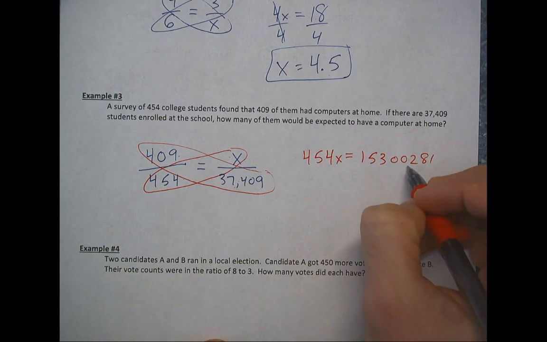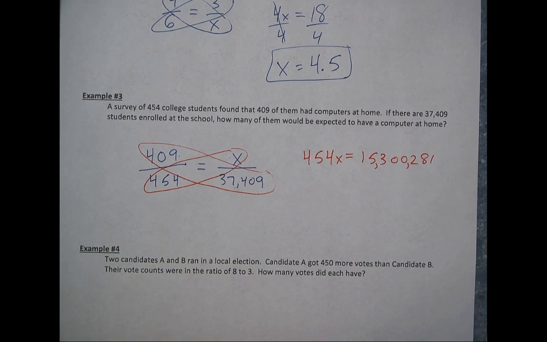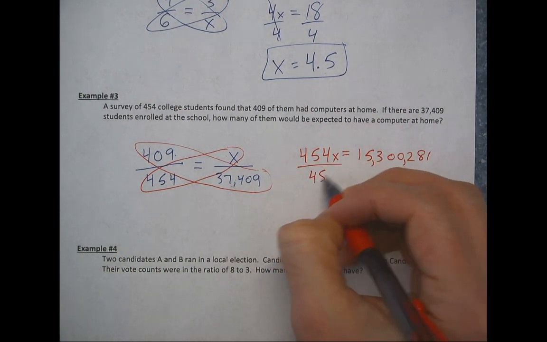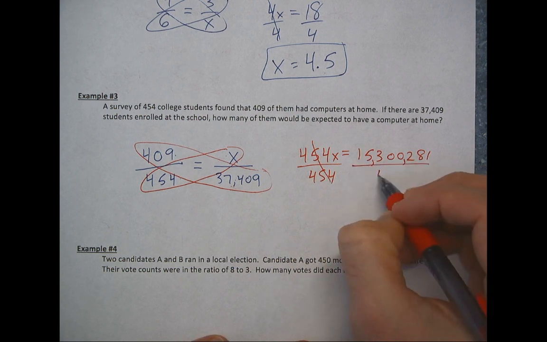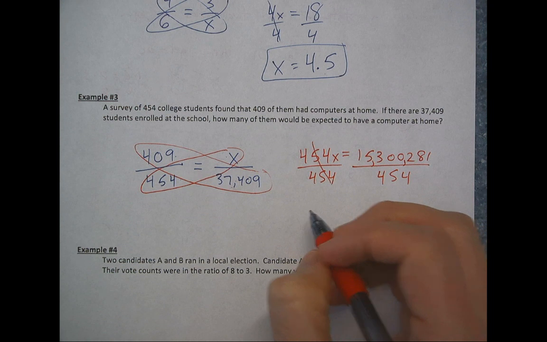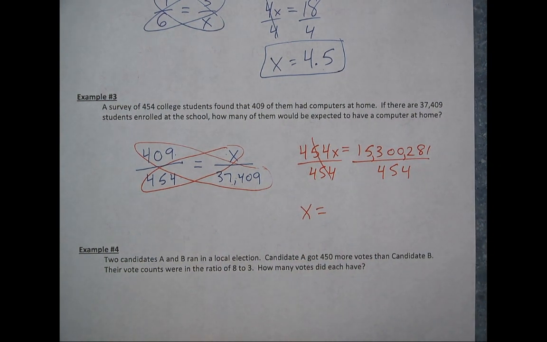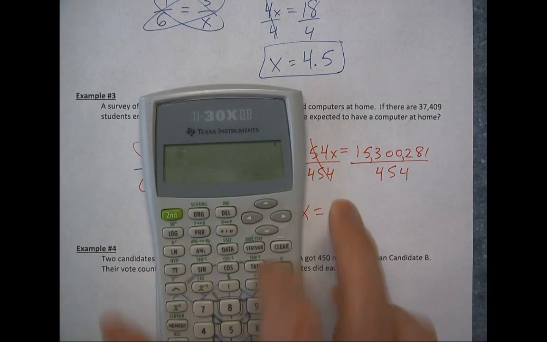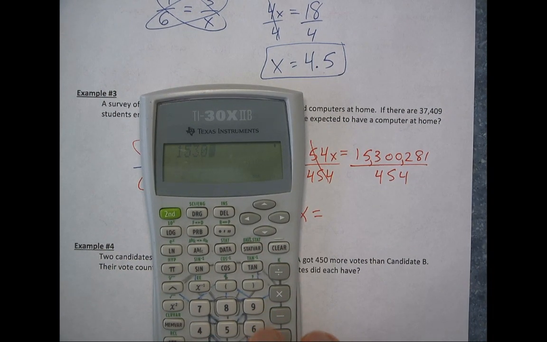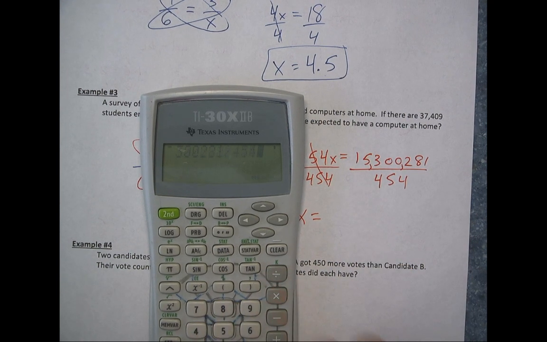It looks like this. You don't need the commas. Divide by 454. Let the calculator handle the big numbers. And when we divide those two, let's see what we get. So 15,300,281 divided by 454.